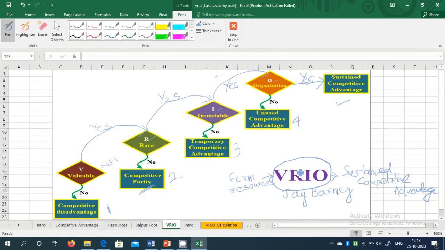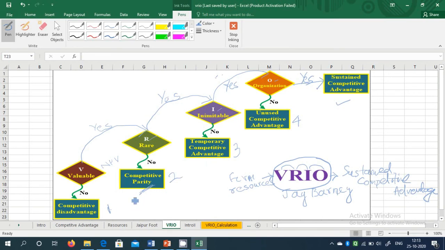It cannot start from step 2, 3 or 4; it has to go in this way, first phase, then second, then third, so we can find out at which stage of competitive advantage we are.